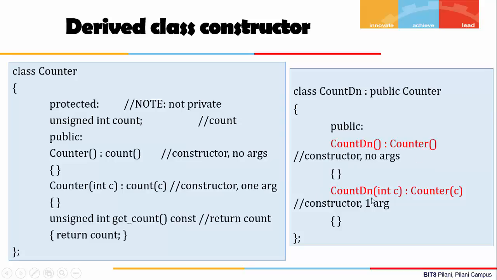Similarly, in the one argument constructor, CountDn calls the corresponding one argument constructor in the base class. So for a derived class, if you want to initialize to a certain value, then we have to define it in such a way that it calls the constructor from the base class. And if there is no constructor in the derived class, it will take the default constructor in the base class.